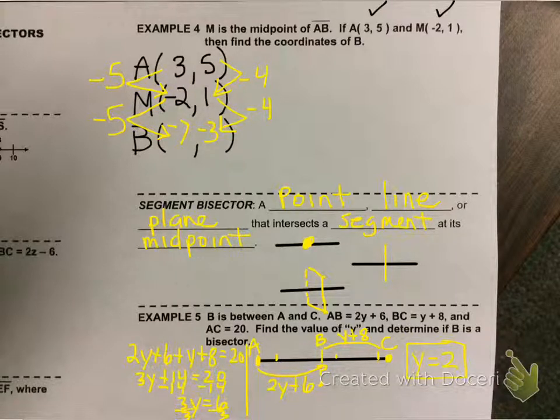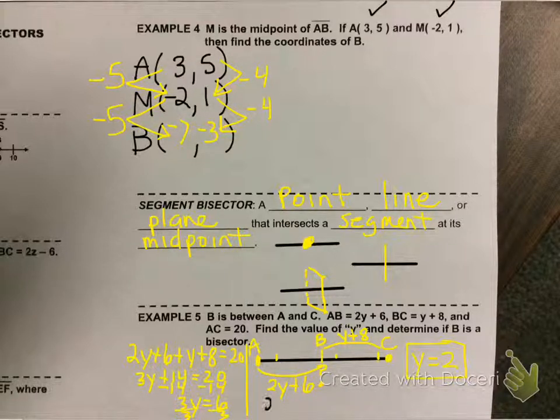And that's the first thing it said we had to do: find y. What's the next part of it? To determine if B is a bisector. So what I have to determine is whether 2y plus 6 is equal to y plus 8 if y is 2.